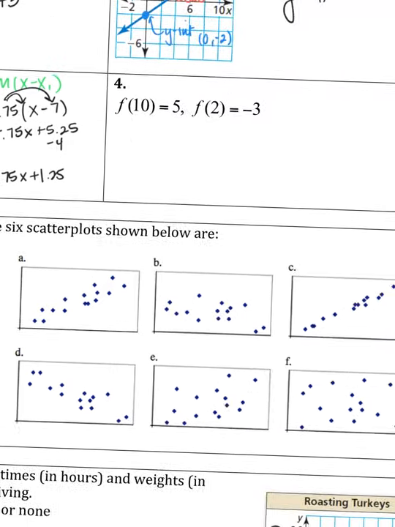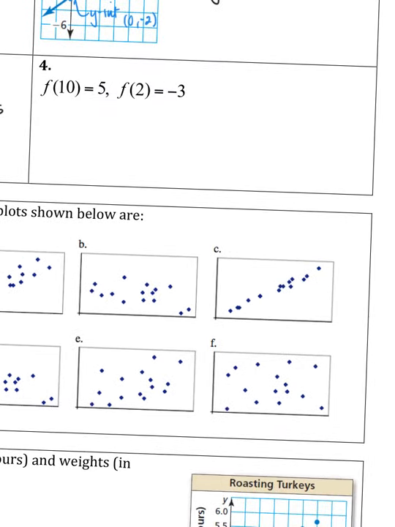All right, question 4. We have function notation here. We need to write our 2 points as coordinates. So my first point is 10, 5, and my second point is 2, -3. Just like the problem before, our first step is to find the slope between these 2 points.